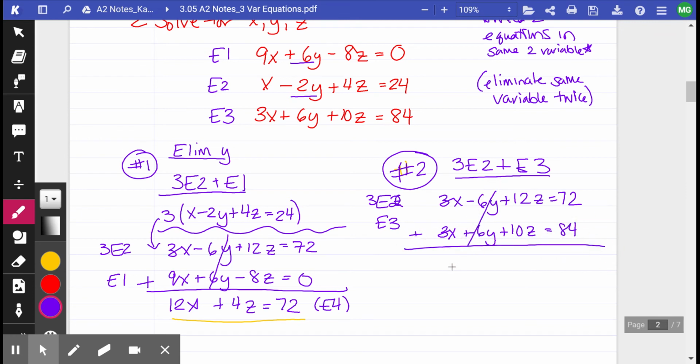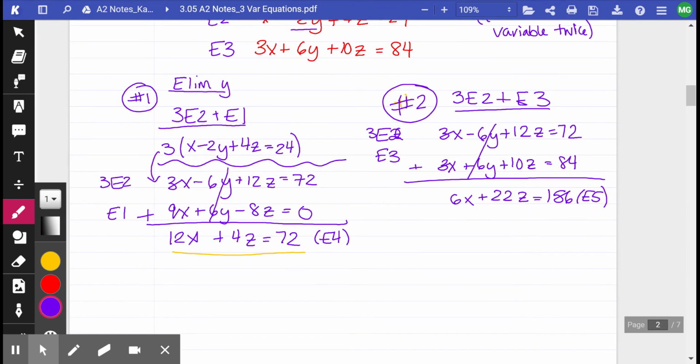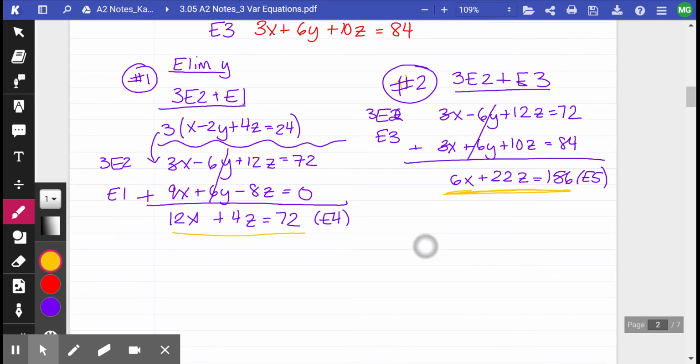And I'm going to add those together. I get 6x plus 22z equals 156, and that's my equation 5. All right, so again, I used 2 and 1 first, and then 2 and 3 the second time. Now I have 2 equations that both have just an x and a z in them.